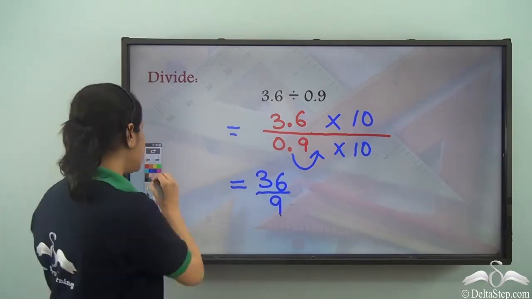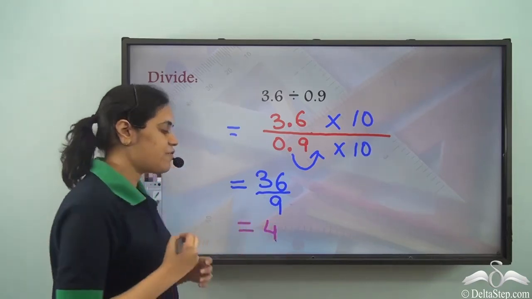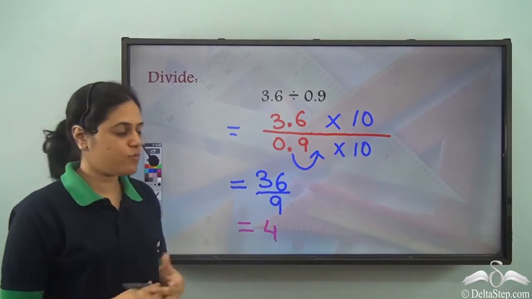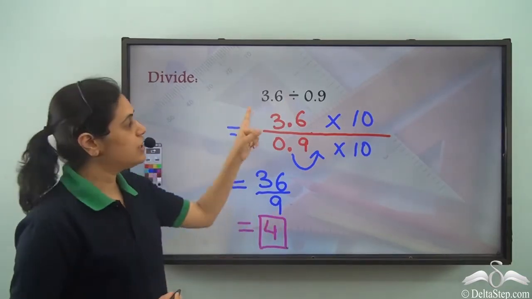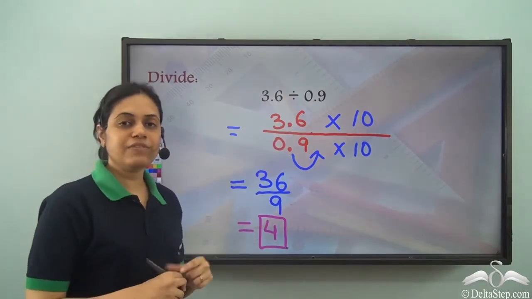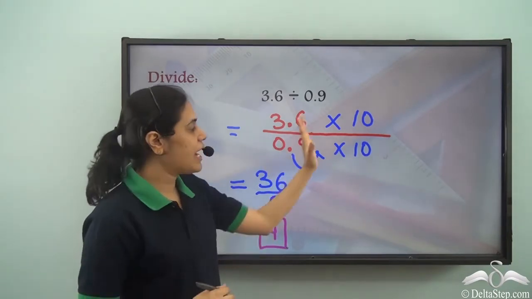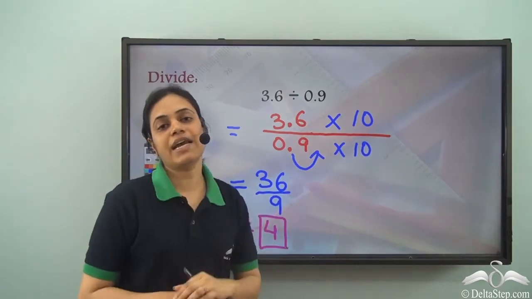Now what is 36 divided by 9? 36 divided by 9 is 4. So 3.6 divided by 0.9 is 4. This is the answer. 3.6 divided by 0.9 gives us 4. So if there is a decimal point in the divisor, I need to remove the decimal point by multiplying it with the correct power of 10.